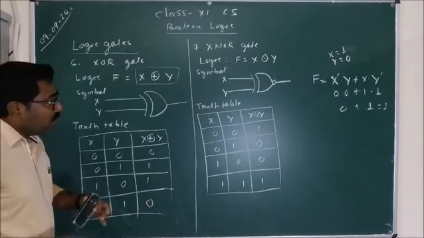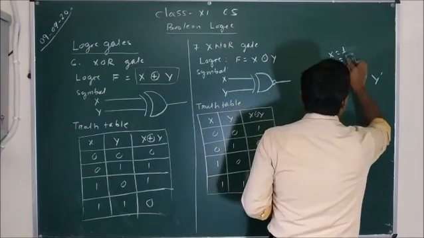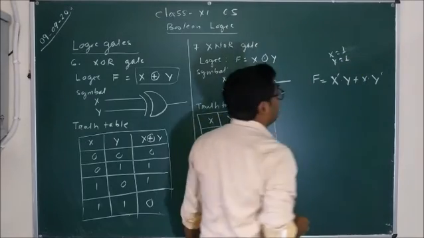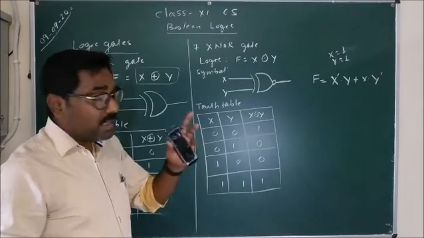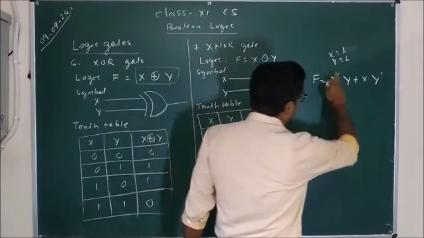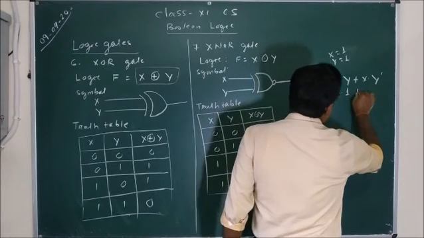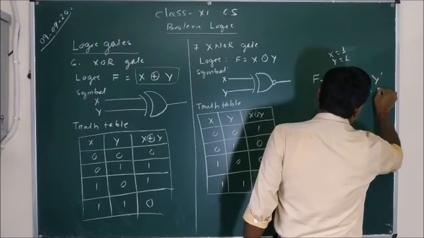Okay. Now next thing, if both are 1, x is also 1 and y is also 1, it is the last combination of input where both x and y are 1. In that case, what happened? X dash is equal to 0 dot y is 1 plus x is equal to 1 dot y dash is equal to 0.